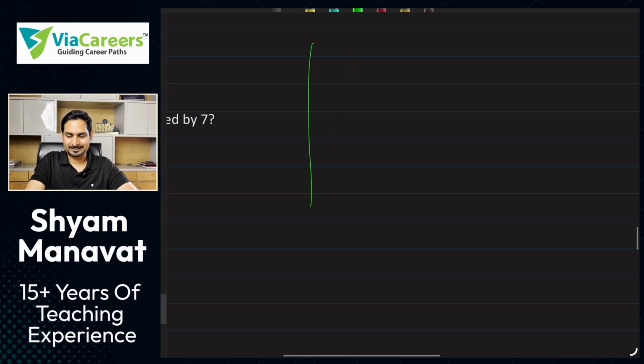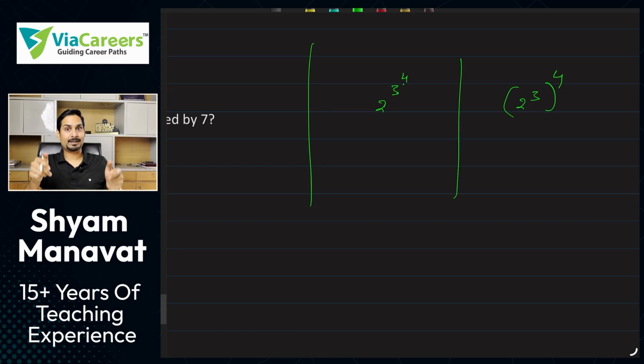If you have 2 to the power 3 to the power 4 and you don't have any bracket, you simplify the topmost power, and say 3 raised to 4 is 81. So this means 2 to the power 81.